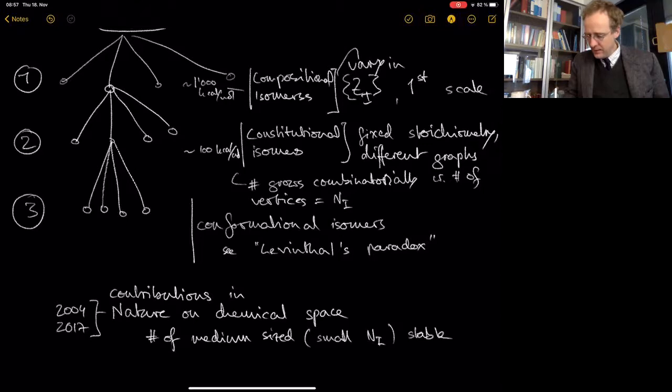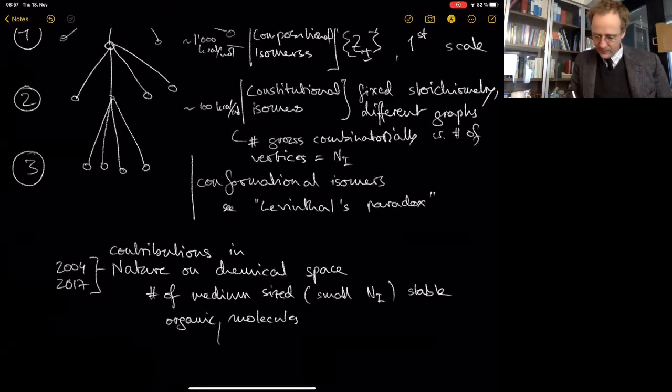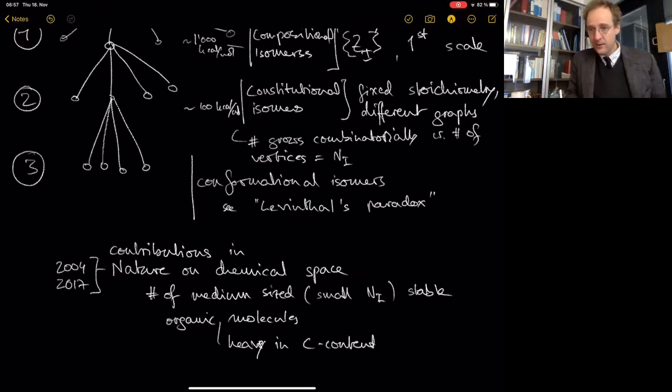Stable, so that means there's a molecular graph, organic molecules, so that means heavy in carbon content, right? Proportionally, there's a lot of carbon. Typically, more than 50% of the heavy atoms should be carbon. This number is guesstimated to be 10 to the 60.